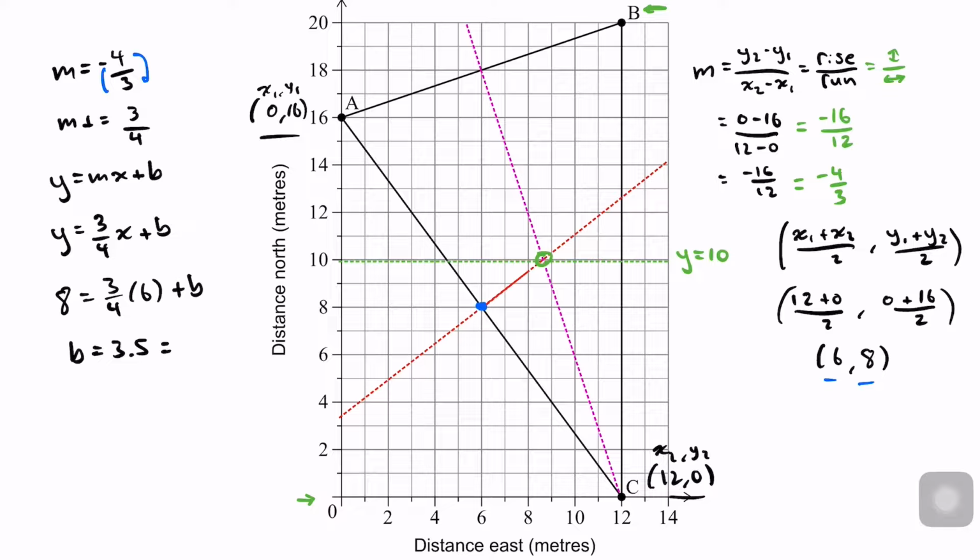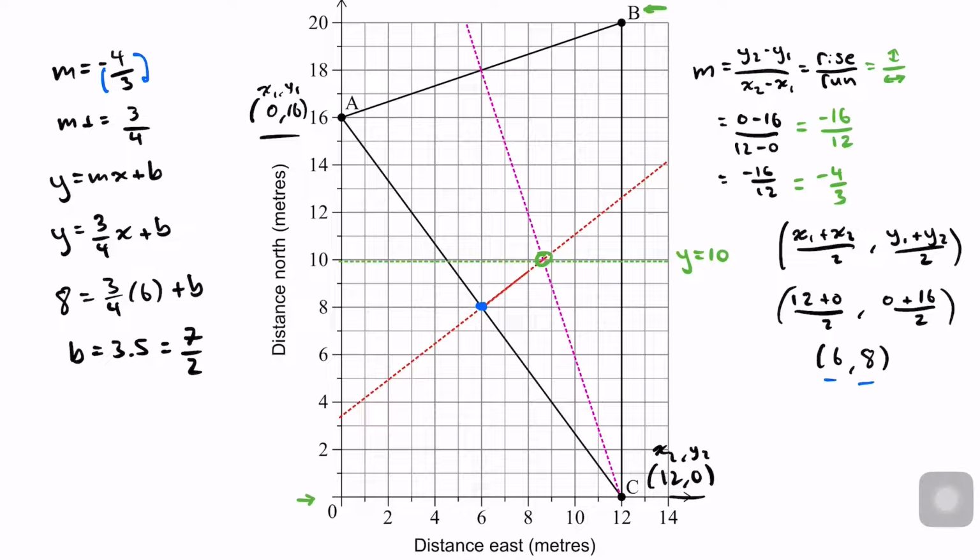Or if we wanted, we could say 7 over 2. All right, let me just make sure that's all good. 3 over 4 times 6, 8 minus, yeah. Okay, good. So we found that last piece of the puzzle, the y-intercept, which is 7 over 2.